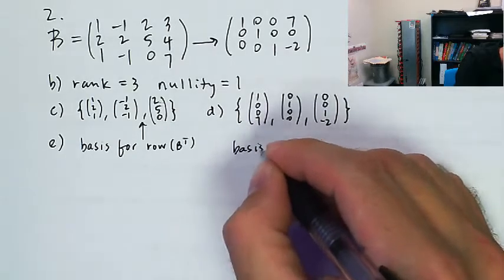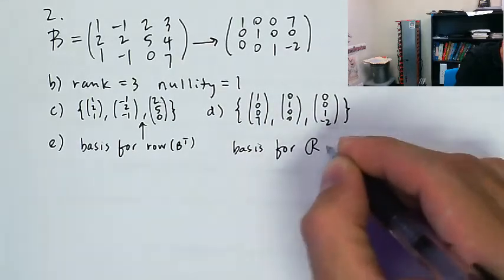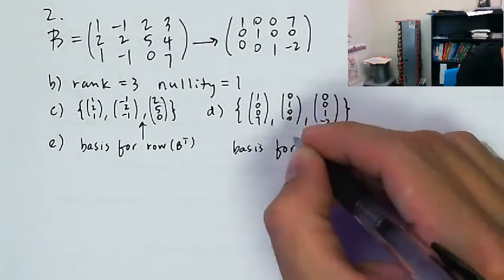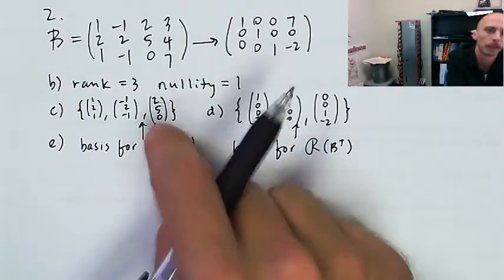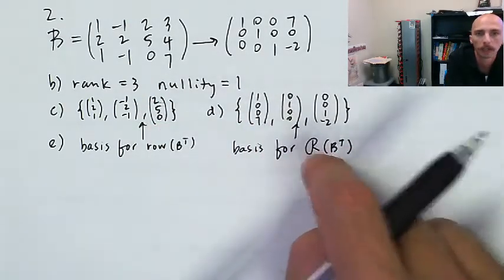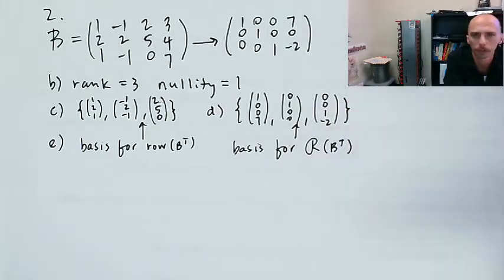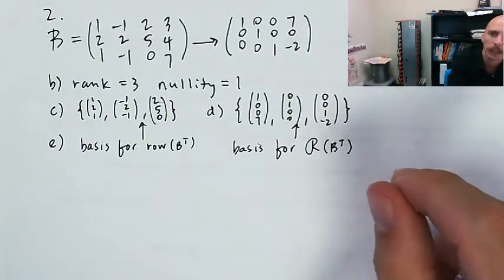And the basis for the range of B transpose is going to be that one, because the row space of the transpose is the range of the original, and the range of the transpose is the row space of the original. So I've already done that. Yeah, that's the finesse way.